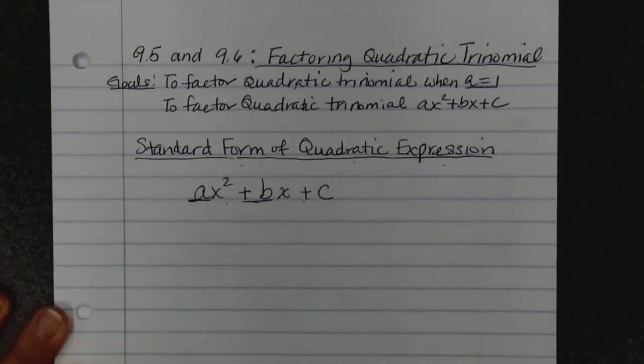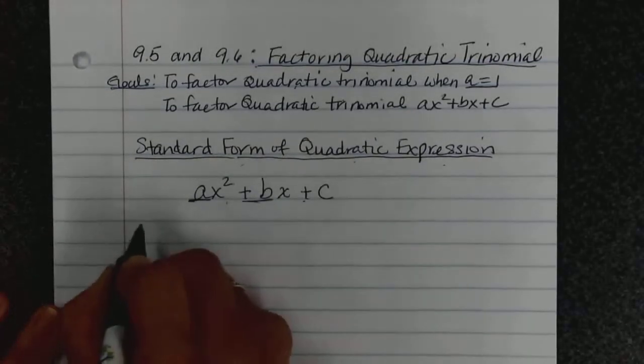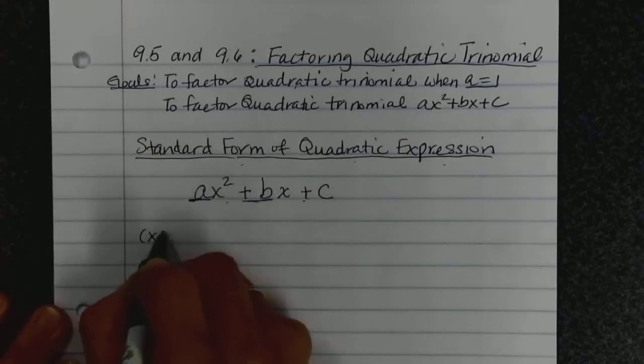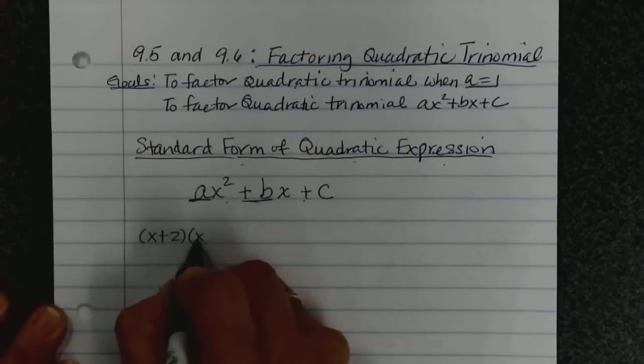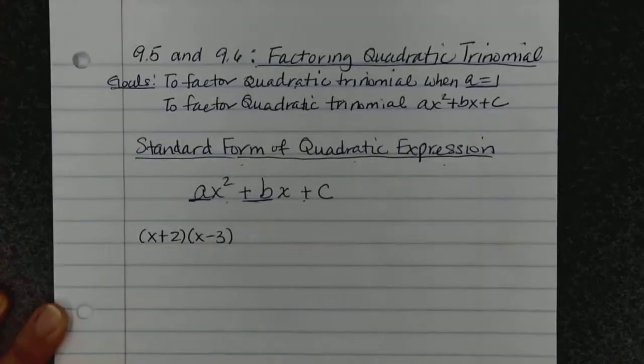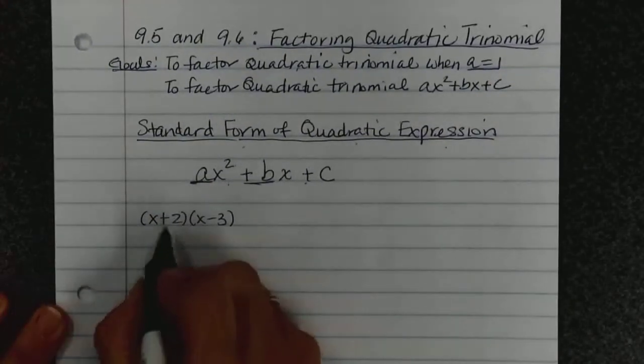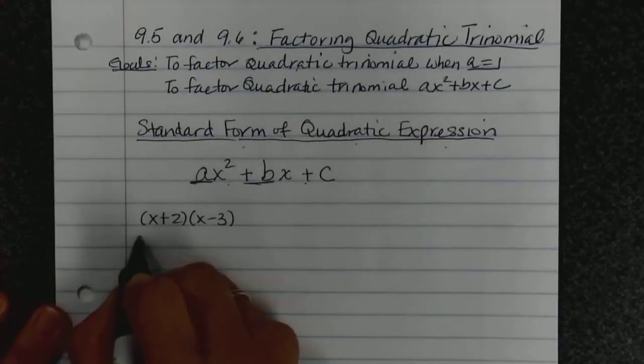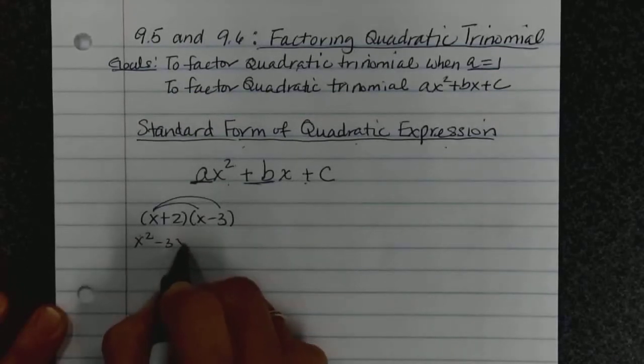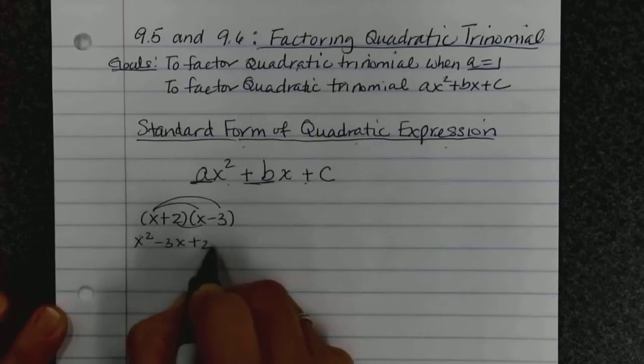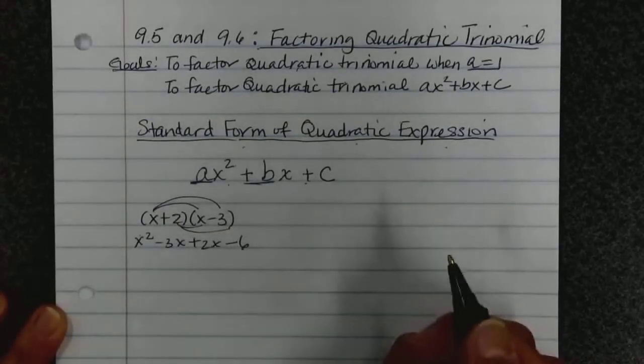So we're going backwards. When we FOIL or distribute x plus 2 times x minus 3, what we get is x squared, and then negative 3x, and then positive 2x and minus 6.